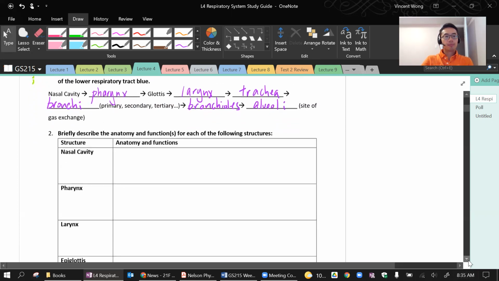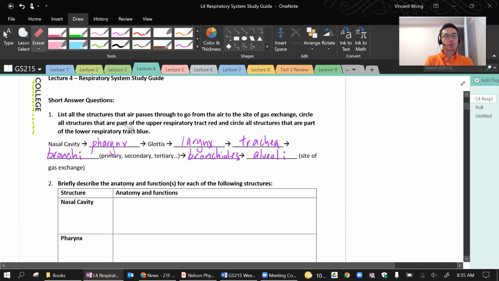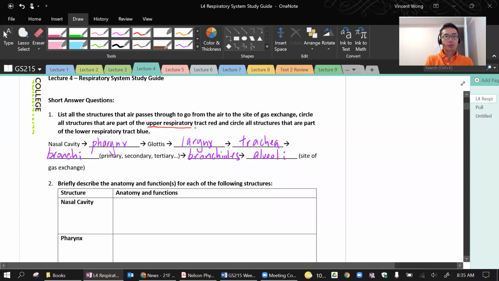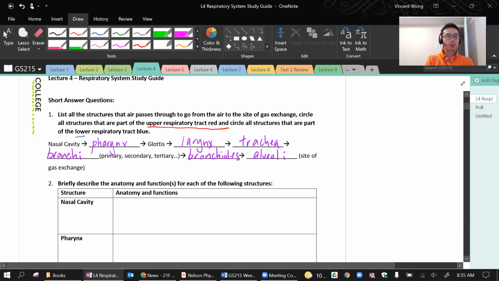Next, briefly describe the anatomy and functions for each of the following structures. Sorry, I forgot to circle the upper respiratory tract. For the upper respiratory tract, we want to circle them in red. Does anybody know what the boundary is between the upper respiratory tract and the lower respiratory tract?